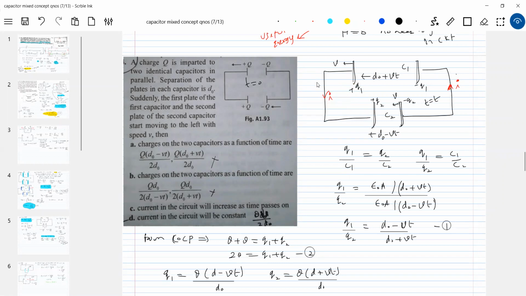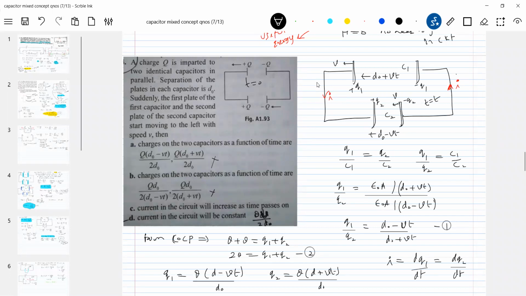So is it Q1 plus Q2? Shall we write Q1 plus Q2 and differentiate it, the magnitude, or only the particular one? So I should write equal to dq1 by dt, or you write dq2 by dt.